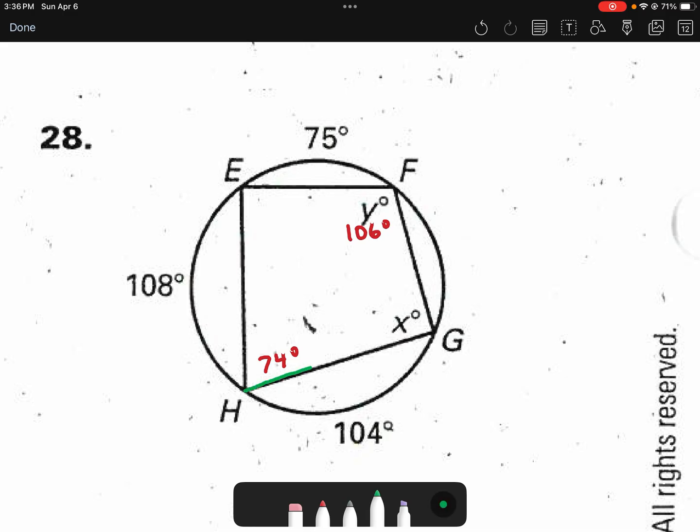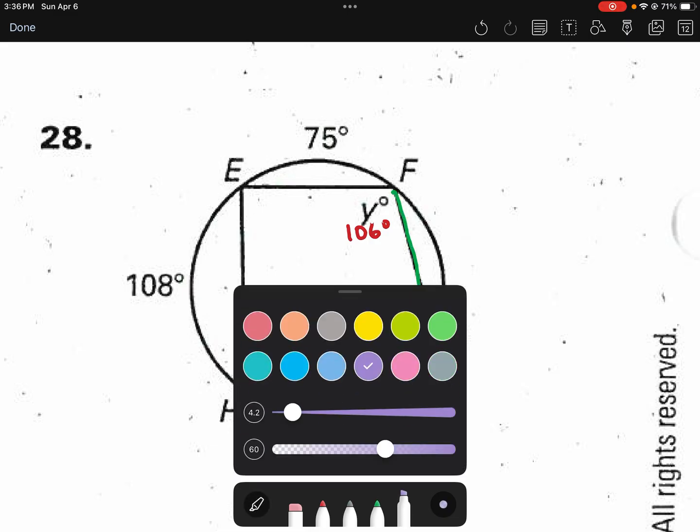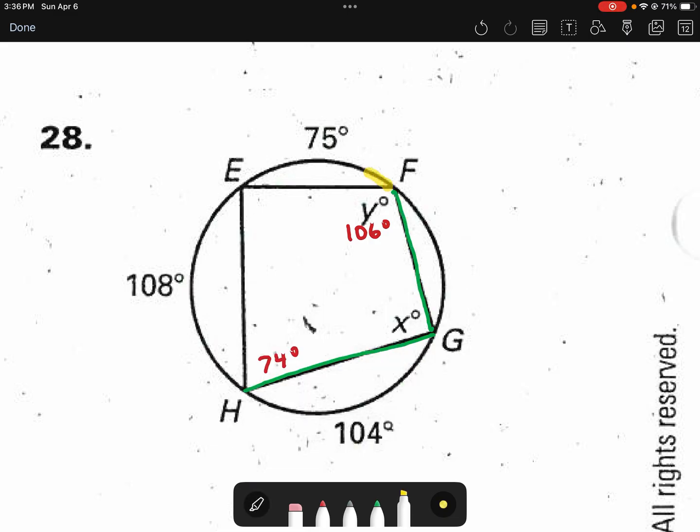Let's find the measure of this green angle. It's going to go with this intercepted arc here. So that's got a measure of 183. Okay, and half of that looks like we're going to get a decimal.